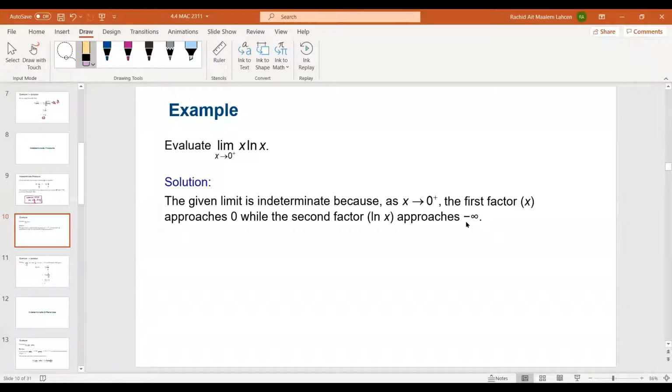If we look at this example, and if you sketch, for example, ln x, with x and y axes, approaching 0 from the right side, then the limit as x approaches 0 from the right side is going to be negative infinity.